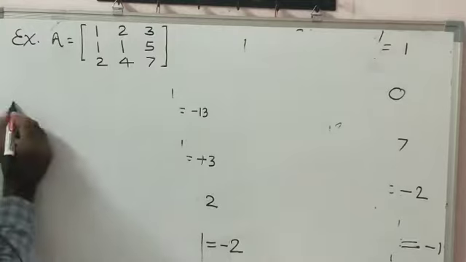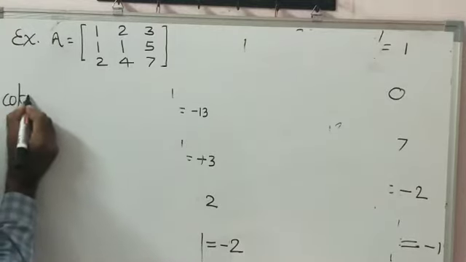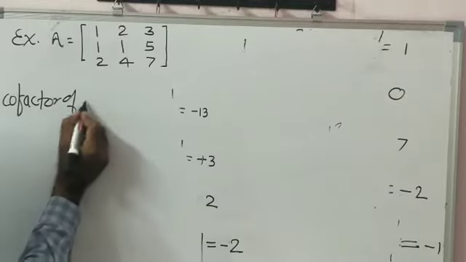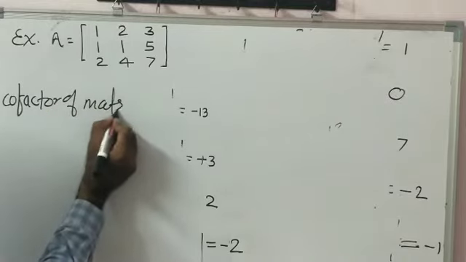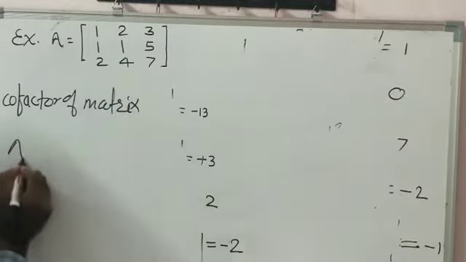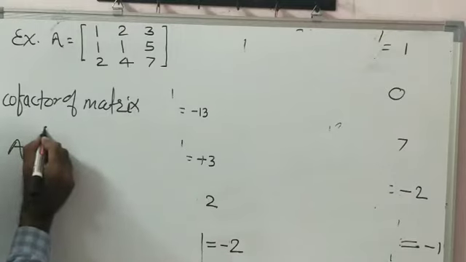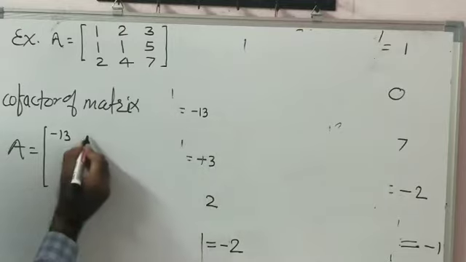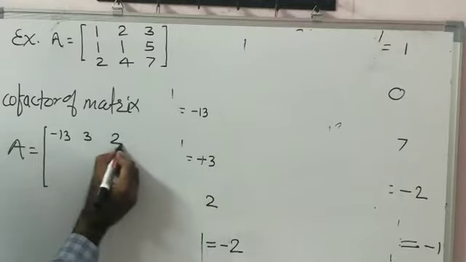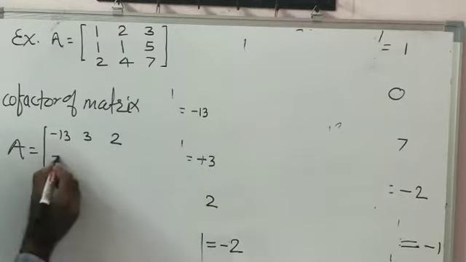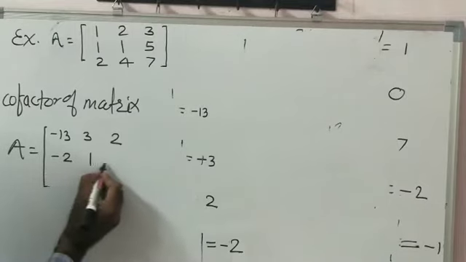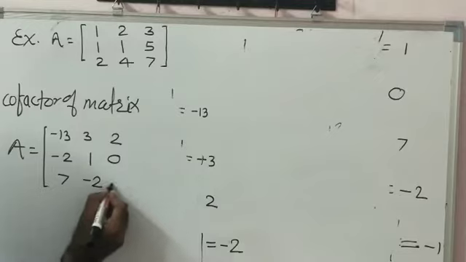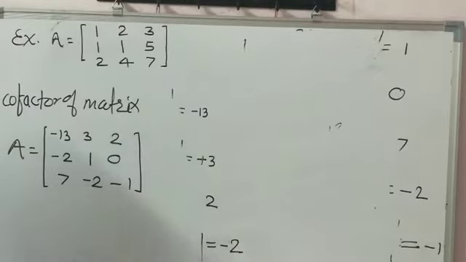The cofactor matrix is: minus 3, 3, 2, minus 2, 1, 0, 7, minus 2, minus 1.